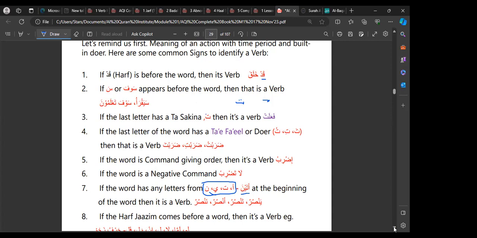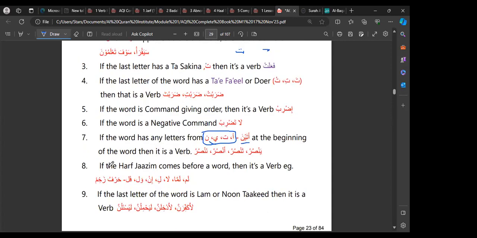Okay, number 8. If the harf jazim, so remember we have harf jar, it makes the next word kasra, this harf makes the next word sukoon, jazim. So if the harf jazim comes before a word, then it's a verb. So you can have like la, the negative command is la tadrib. La is also a harf jazim.